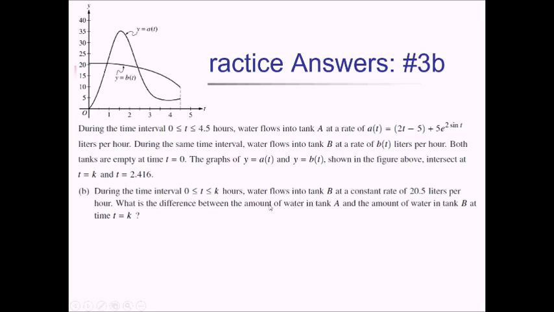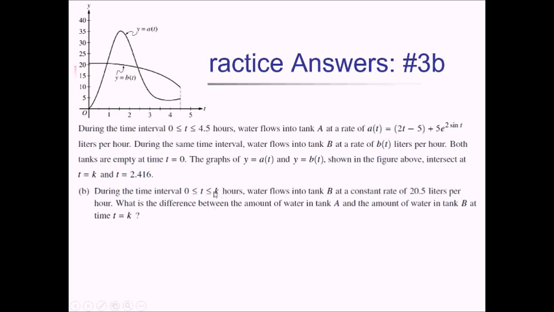So I essentially want to take an integral of the difference between the rates of b and a. In order to do that, though, an integral requires an interval. We know that this interval starts at time 0 and ends at time k, but I can't plug k into my calculator until I know what k actually equals.